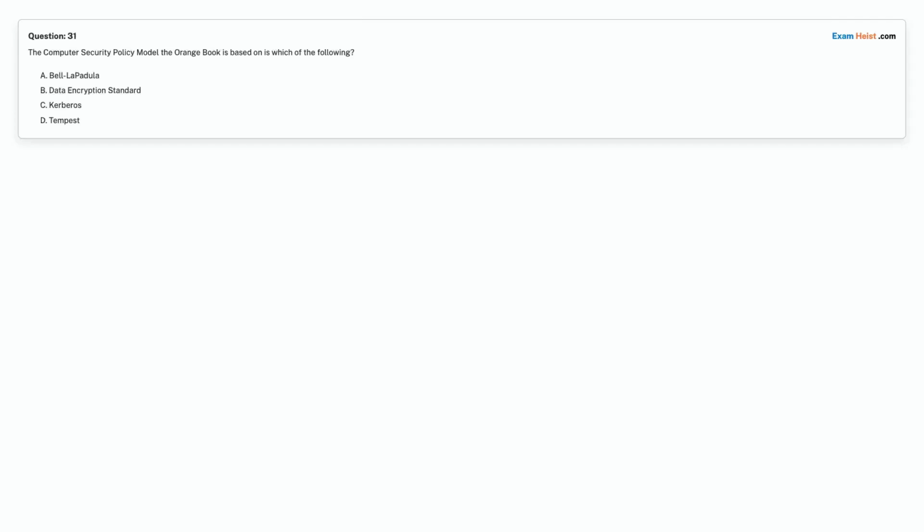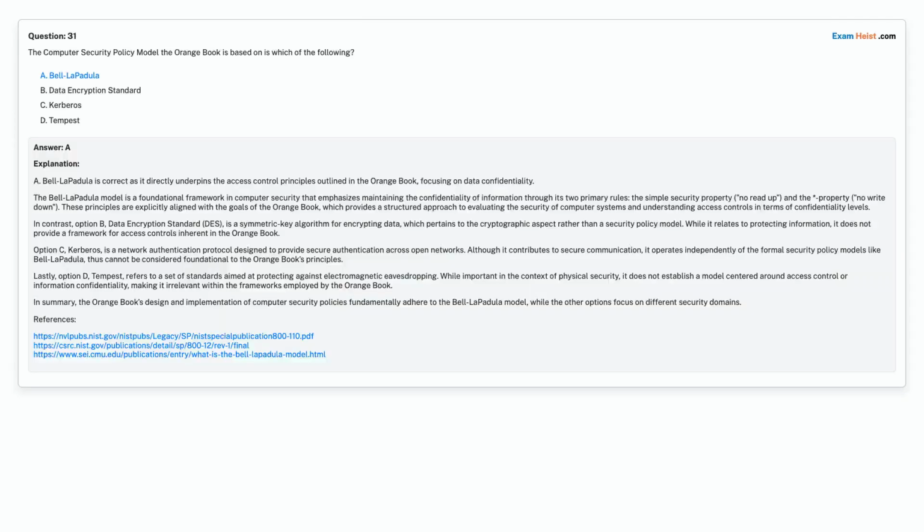The computer security policy model the Orange Book is based on is which of the following? Option A. Bell LaPadula. Option B. Data Encryption Standard. Option C. Kerberos. Option D. Tempest. Choose the correct answer. Correct answer is option A. Bell LaPadula.